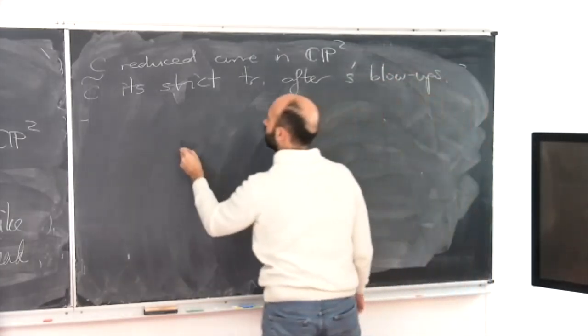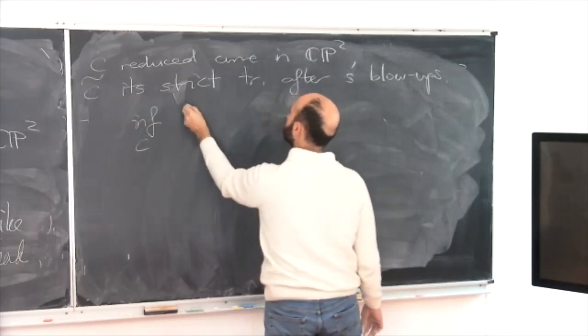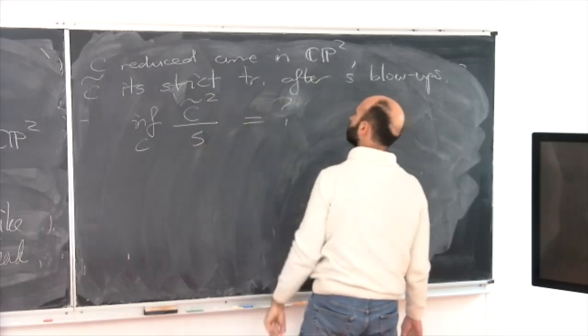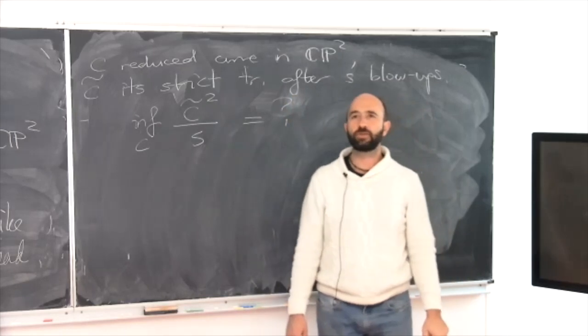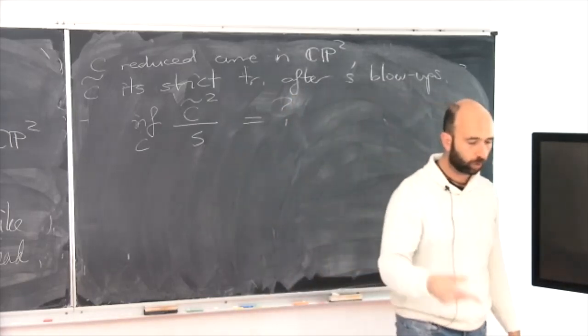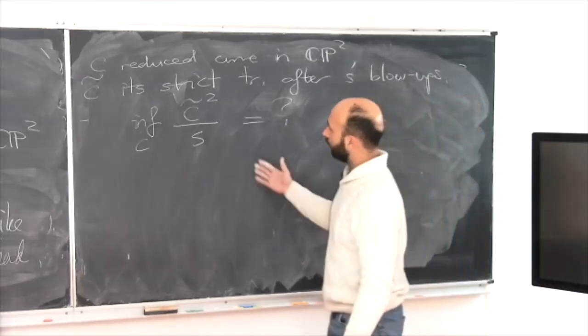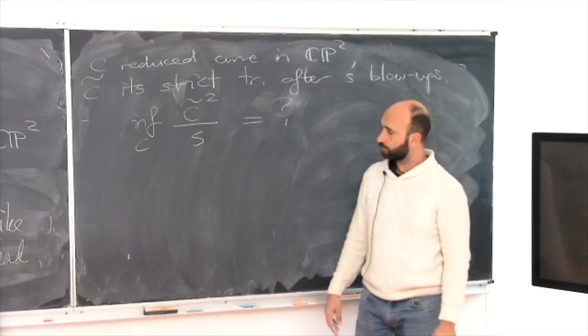So for example, can you say something about the infimum of these self-intersections per blow-up over all possible reduced curves? The answer is unknown, and I guess it's unknown even if it is bounded or not.